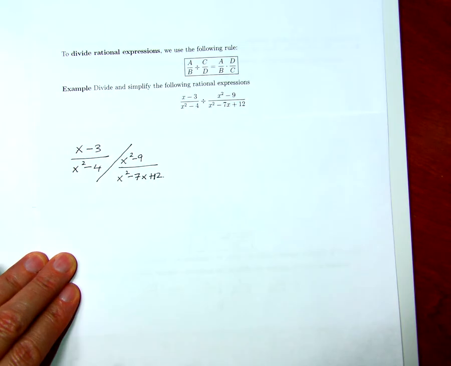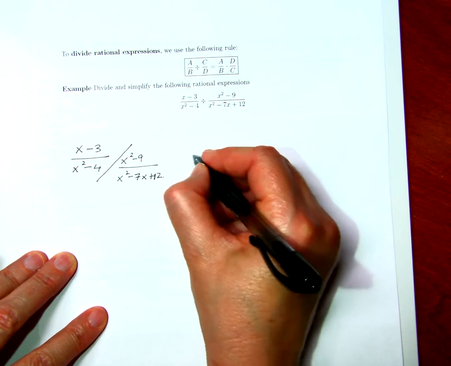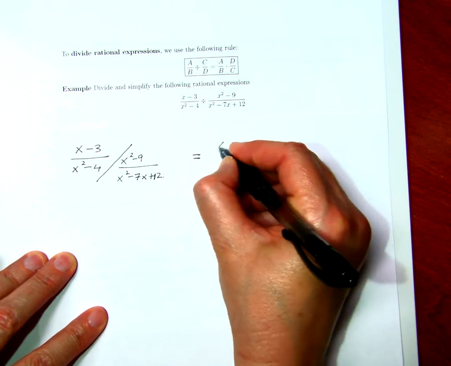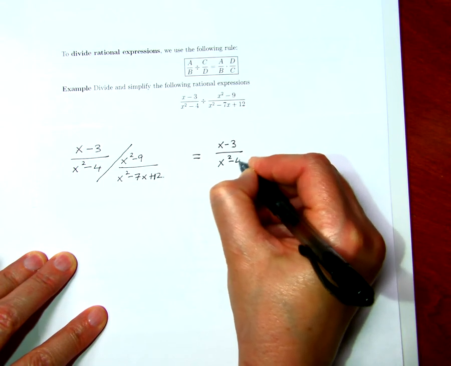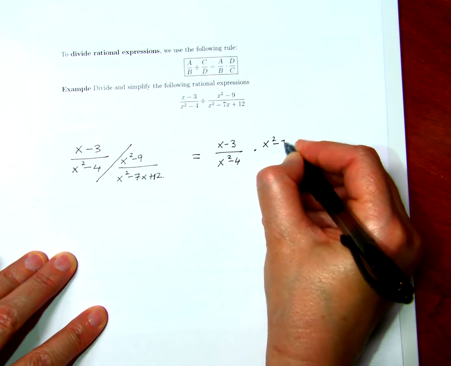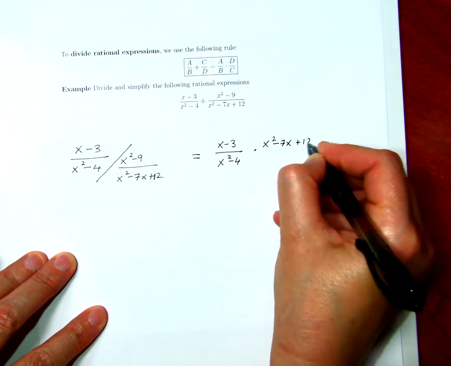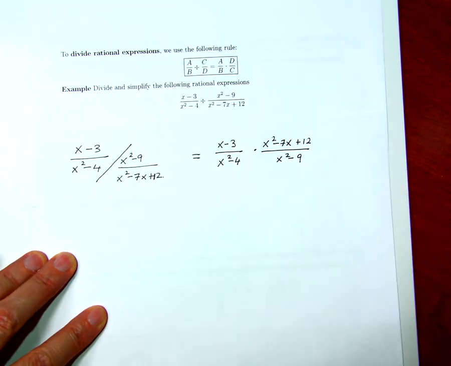It's 12, not 2. Okay, first of all I'm going to invert this fraction, so that's x minus 3 over x squared minus 4 times x squared minus 7x plus 12 over x squared minus 9.